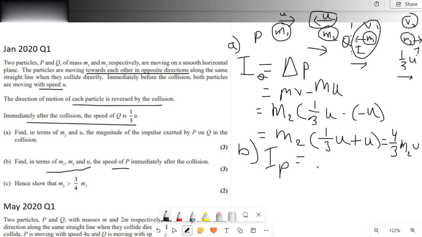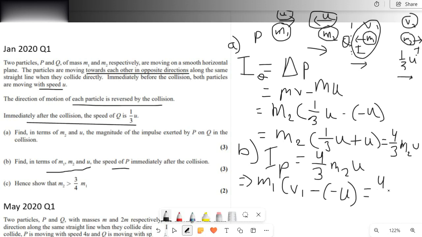So it should also be 4/3 m2u, and using the formula of impulse for P, we have m1 multiplied by the final velocity v1 minus the initial velocity, which is u, but as this is to the right, it should be minus u, equals 4/3 m2u.